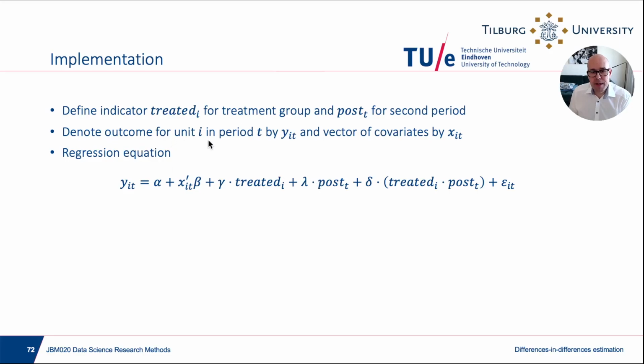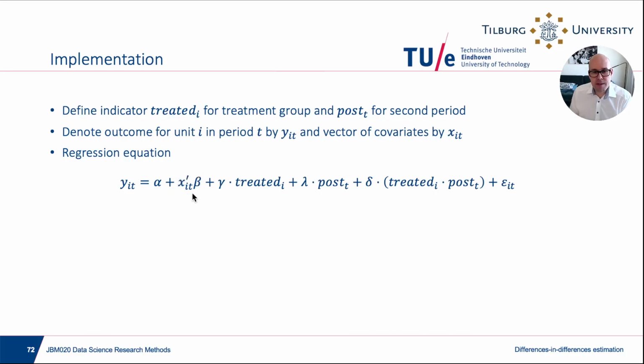The outcome for unit i in period t will be denoted by Y_it. And then I'm going to have a vector of covariates as well. This is X_it. And with all this in hand, I can specify the following regression equation. The outcome is equal to a constant term alpha plus some impact of these covariates.